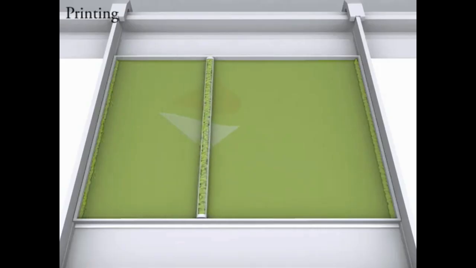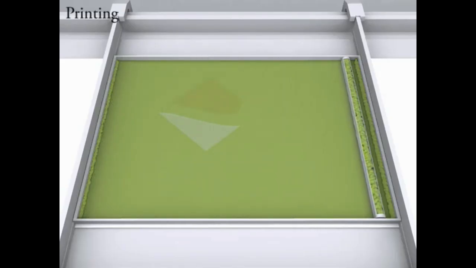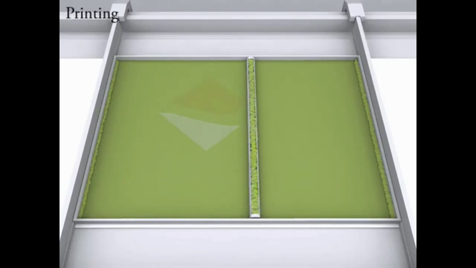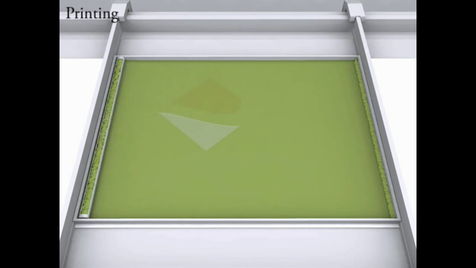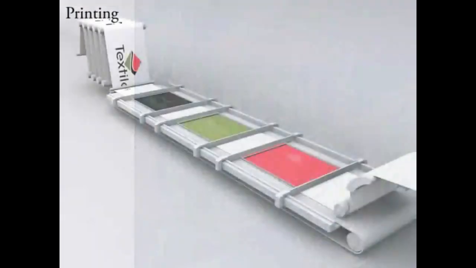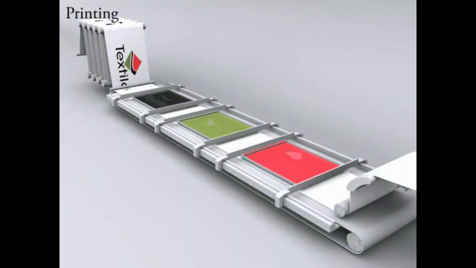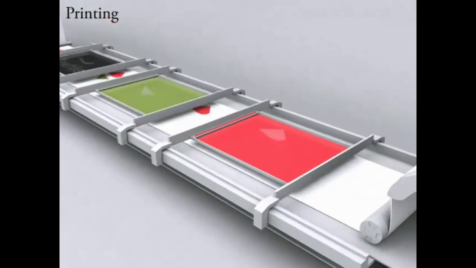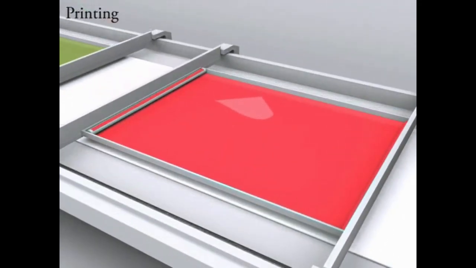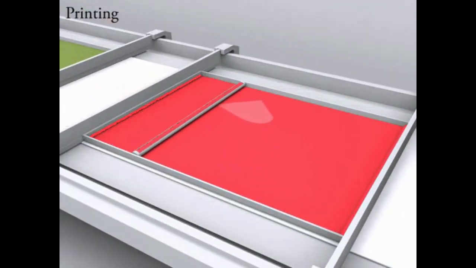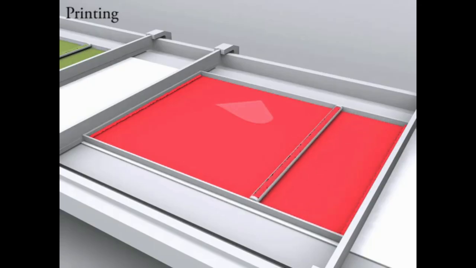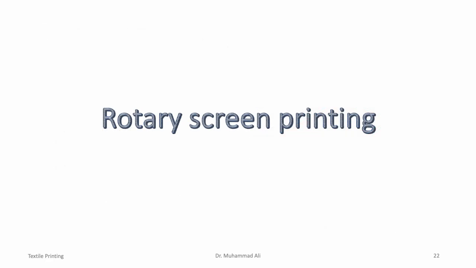If we have multiple colors in the design, then each screen will print only one color, just as we discussed in roller printing. So the screen is lifted and the fabric goes forward. That's how it's done. Every single step that we have discussed in the flat screen printing process is automated here, and that's why it's known as the fully automatic flat screen printing machine. Let's now talk about the rotary screen printing process.